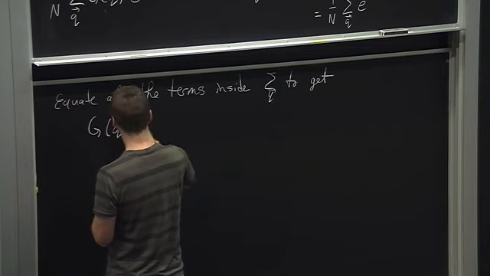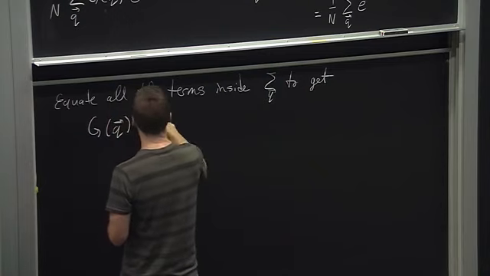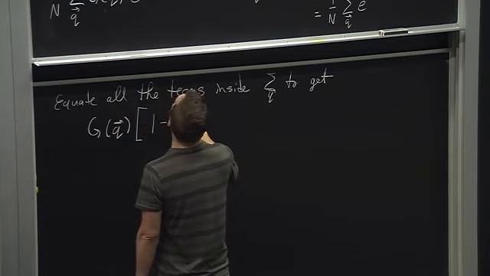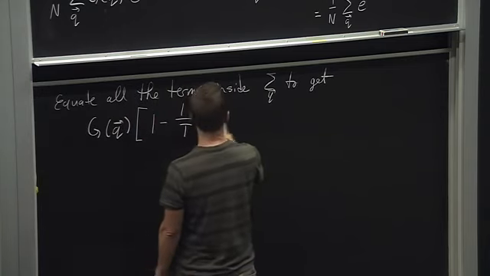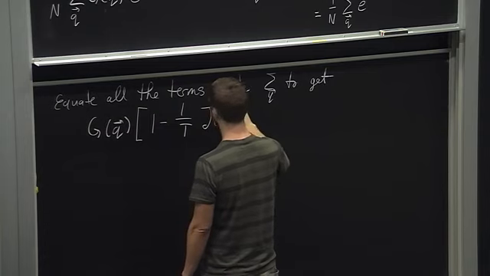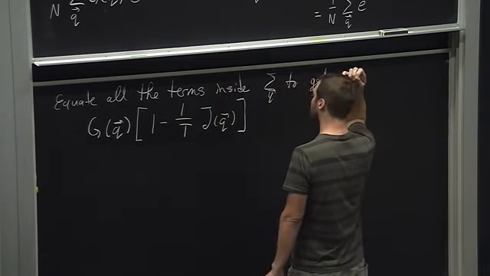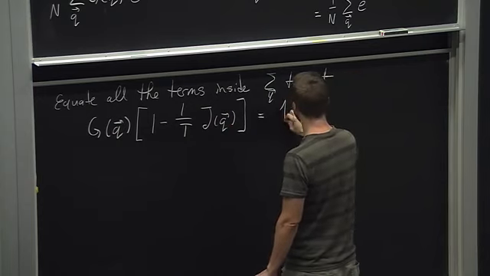Q. Okay, so let's see, 1 minus 1 over t J of Q just equals 1.